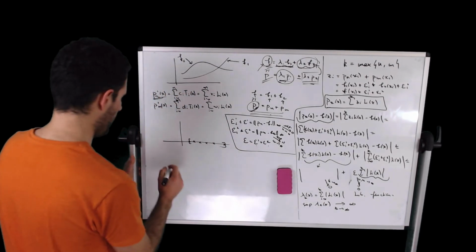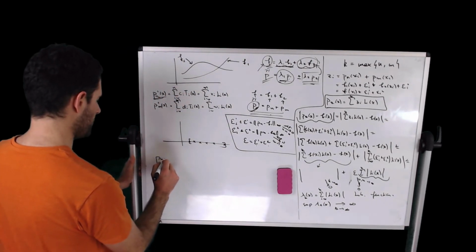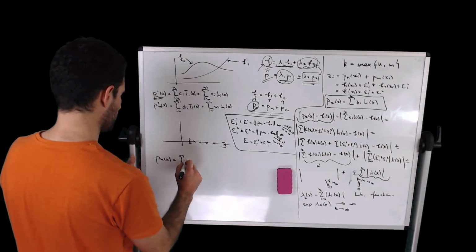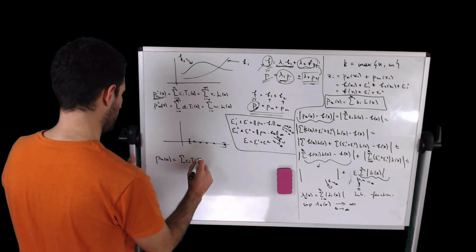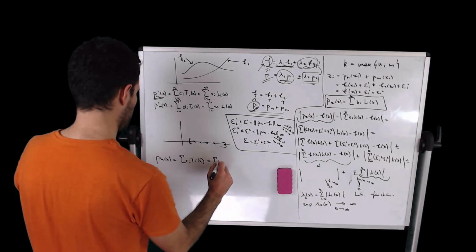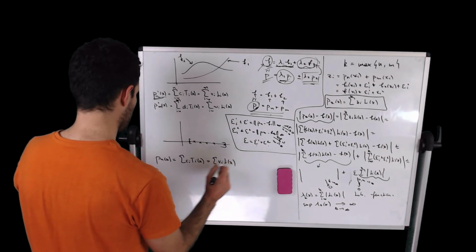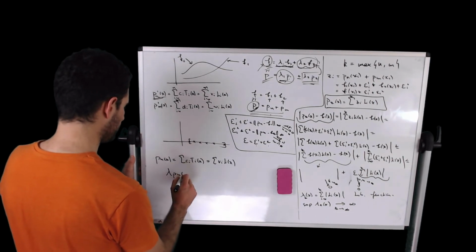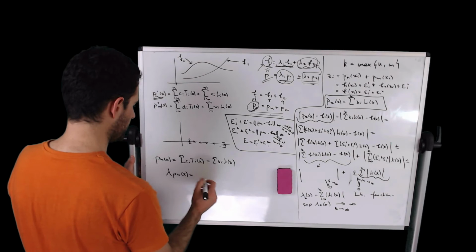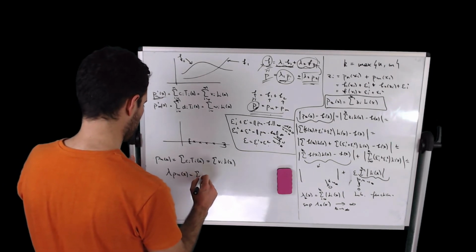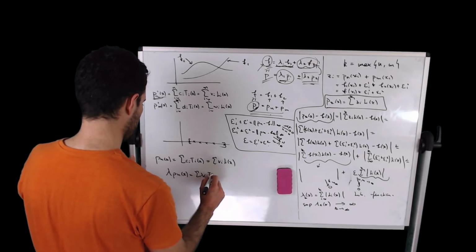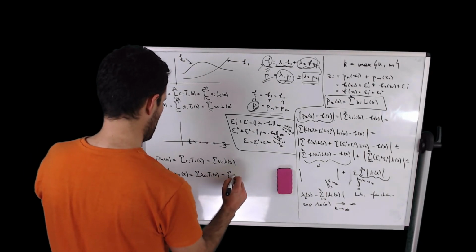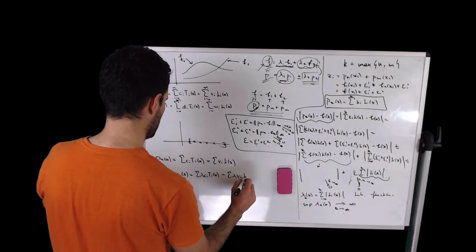If I start with, let's say, Pn of x, which is this expression, or alternatively, this expression, clearly lambda times Pn of x can easily be defined by lambda ci Ti of x, or by the sum of lambdas times vi Li of x.